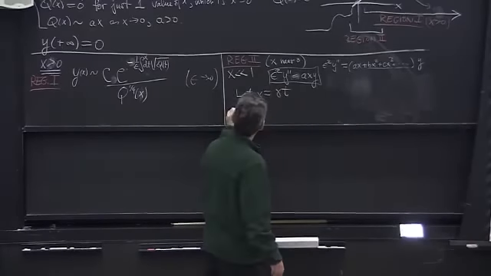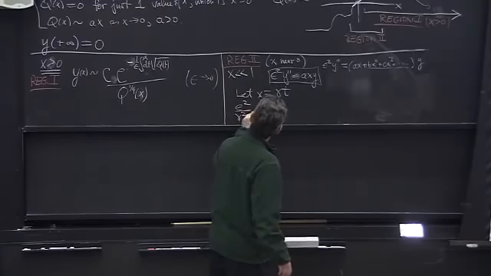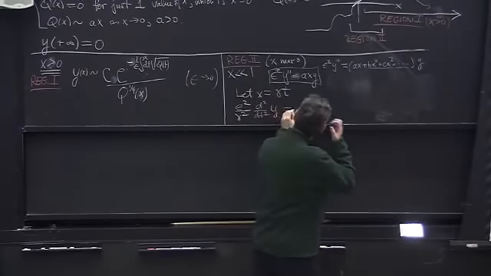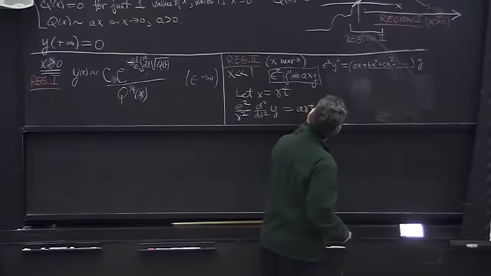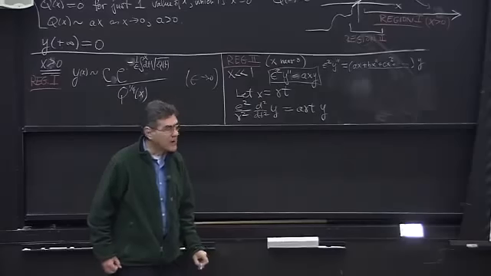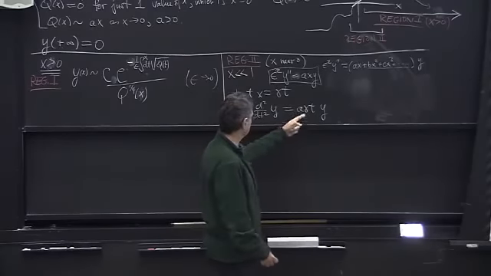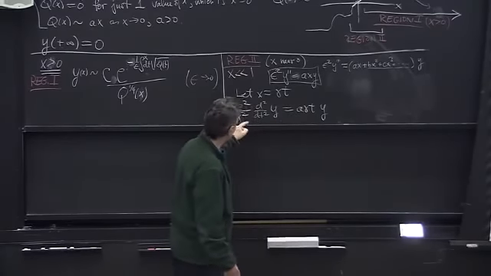Then this differential equation becomes epsilon squared over gamma squared, d squared y dt squared, is equal to a gamma t y. Let's multiply by gamma squared.